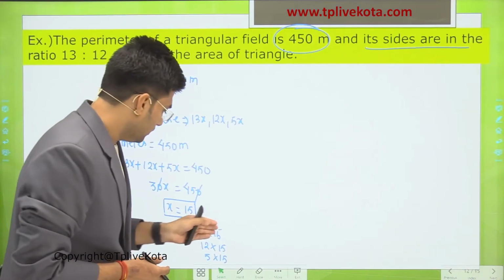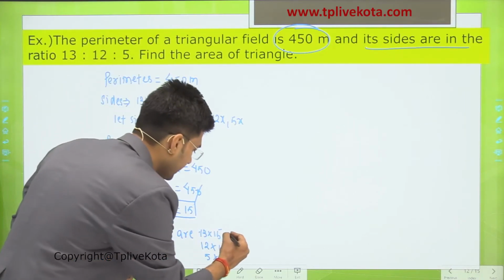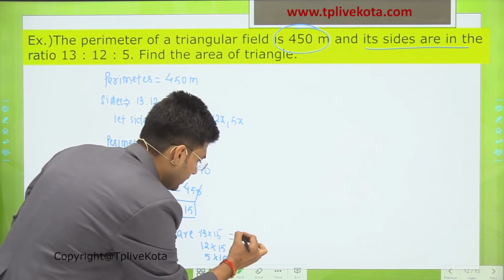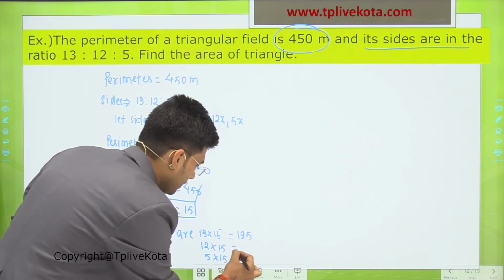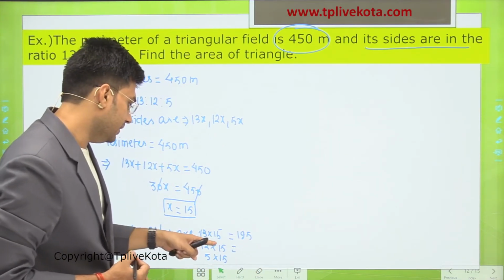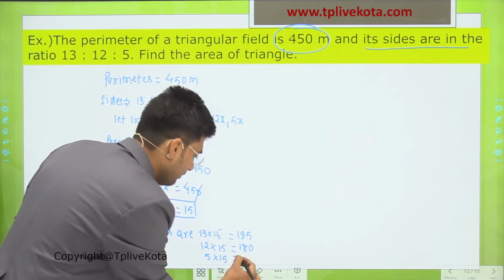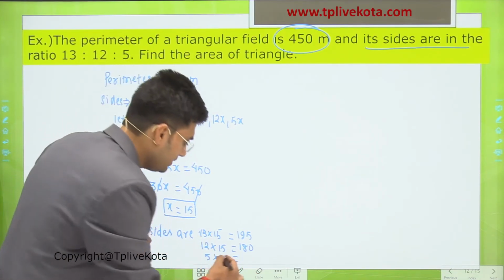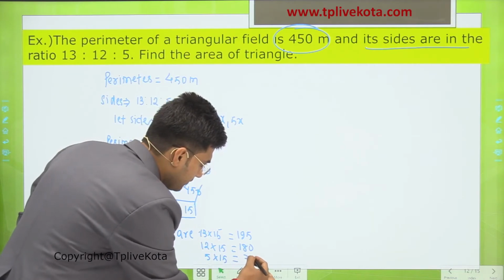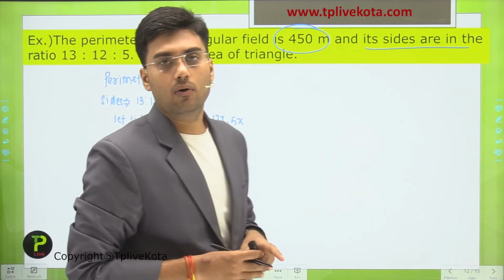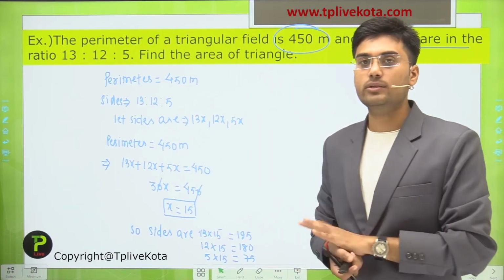Clear? So when we solve this, what will we get? It is 195. 12 multiplied by 15 is 180, and 5 multiplied by 15 is 75. Okay, now we have all the sides of this triangle.